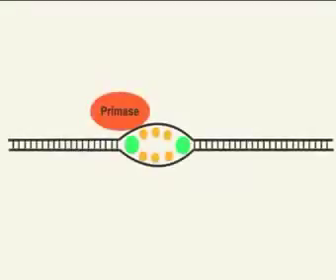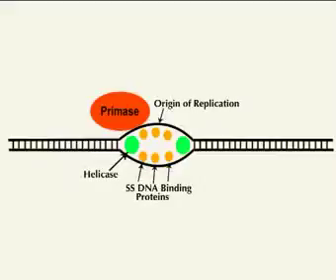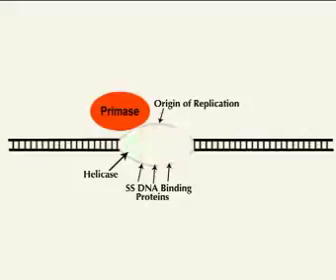Every plasmid contains at least one DNA sequence that serves as an origin of replication, which is a starting point for DNA replication, and this enables the plasmid to be duplicated independently from the chromosomal DNA.